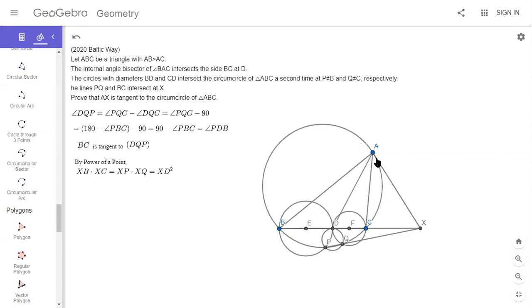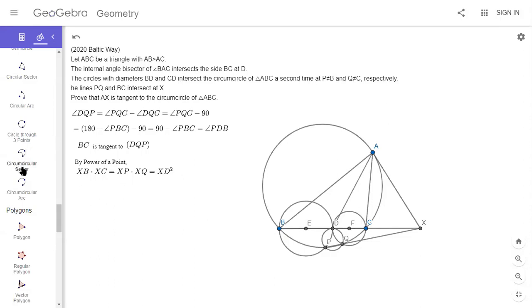Now it turns out the tangent at A to BC, if you draw it in, it's not hard to show that if it meets BC at a point X prime, triangle X prime AD is isosceles by an angle chase. I think that should do it.